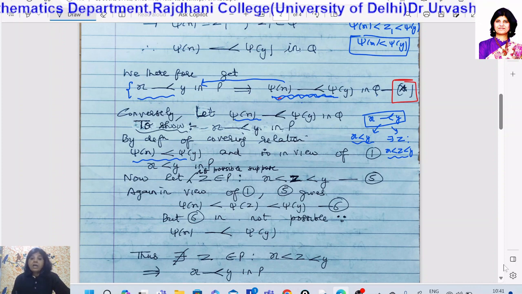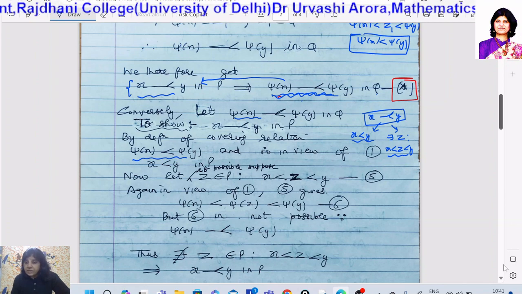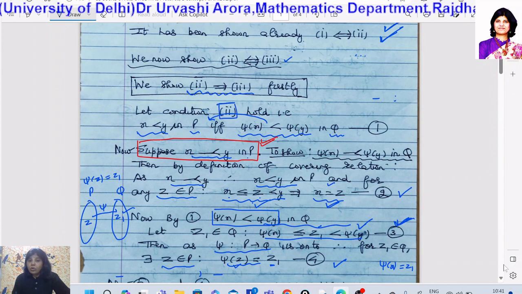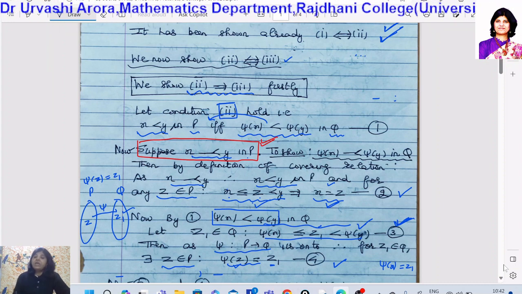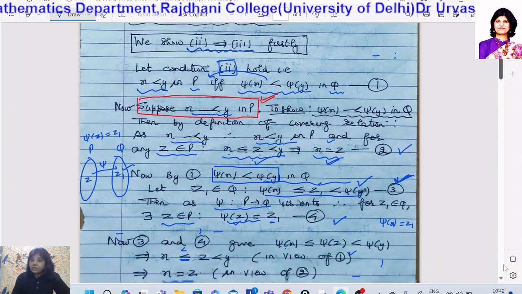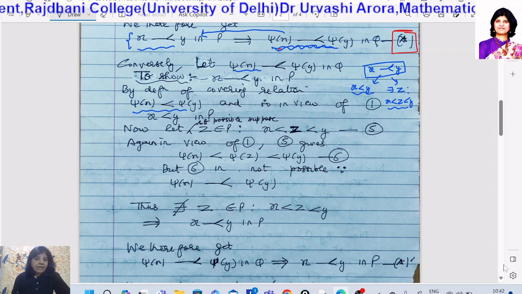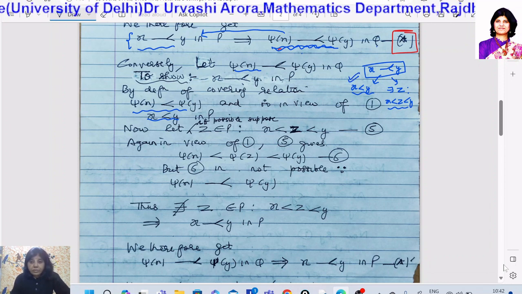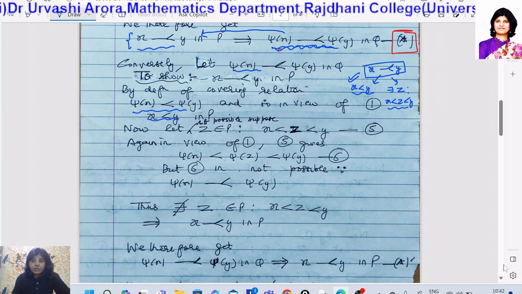So therefore, in view of condition one, which was holding because we are assuming condition two holds: one says that whenever the elements are strictly related, the images are strictly related, and whenever the images are strictly related in Q, then the elements are strictly related in P. Because the images psi x and psi y are strictly related, the elements are strictly related in P. So this part has already been shown.